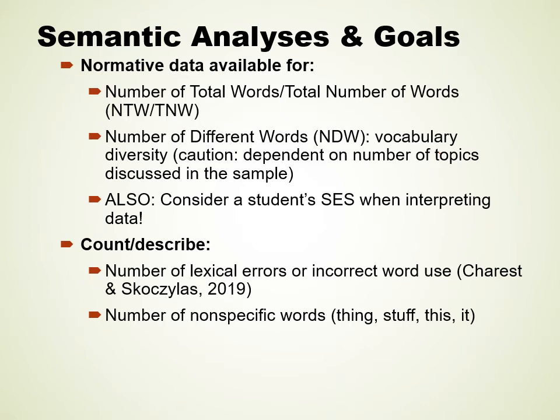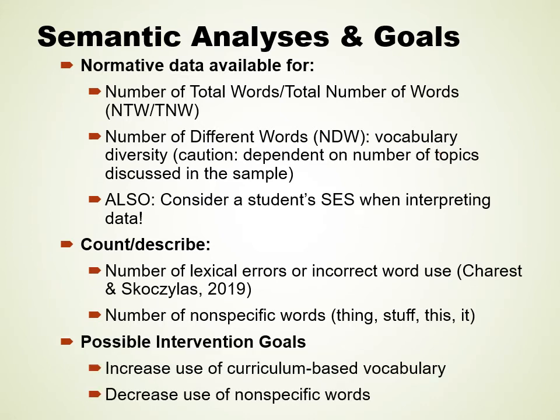We all use some of those words sometimes, but if you see a frequent use of these words, this suggests a vocabulary access or retrieval problem. Goals for vocabulary focus on increasing use of curriculum-based vocabulary in the student's classroom and in the language samples, and then also seeing a subsequent decrease in use of non-specific words.